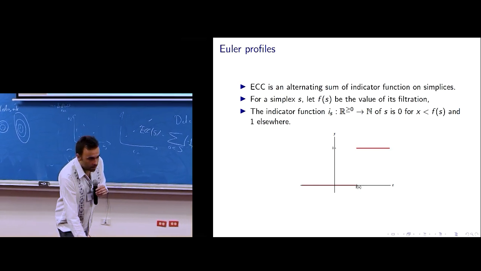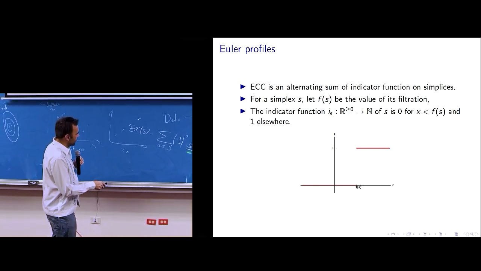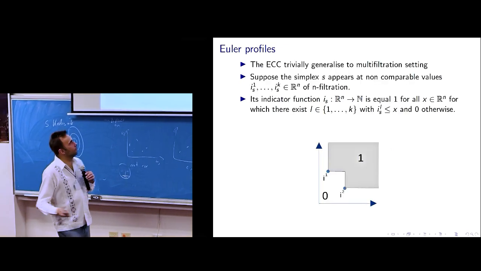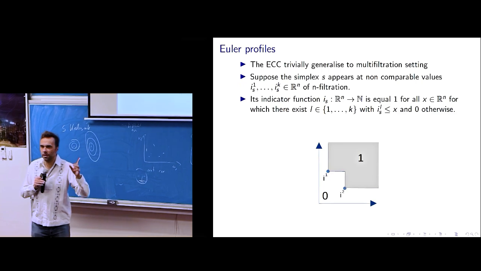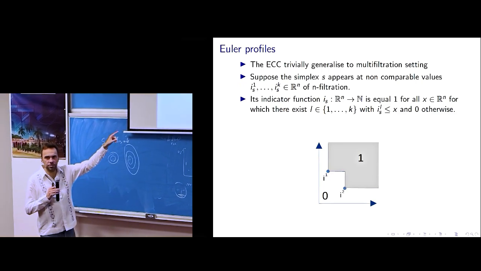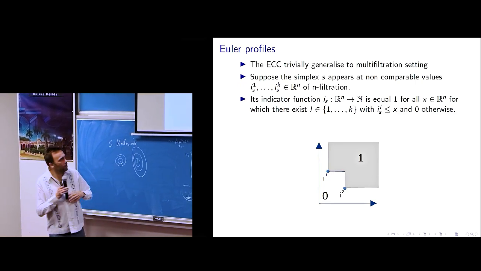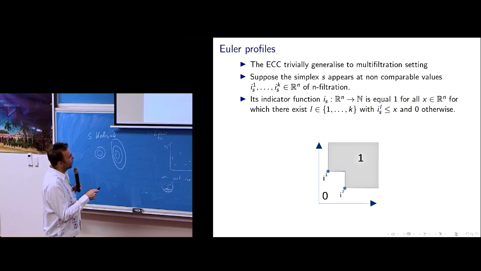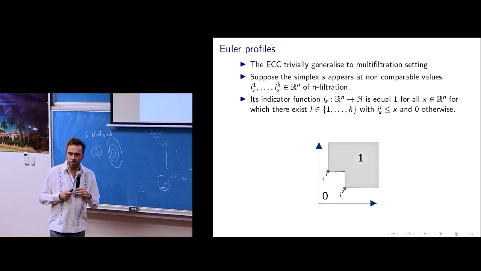Okay. What happens if this characteristic function is not a single number, but a multifiltration? That is an analog of a step function for a two-critical multifiltration. So our simplex S appears at two incomparable values in R2.